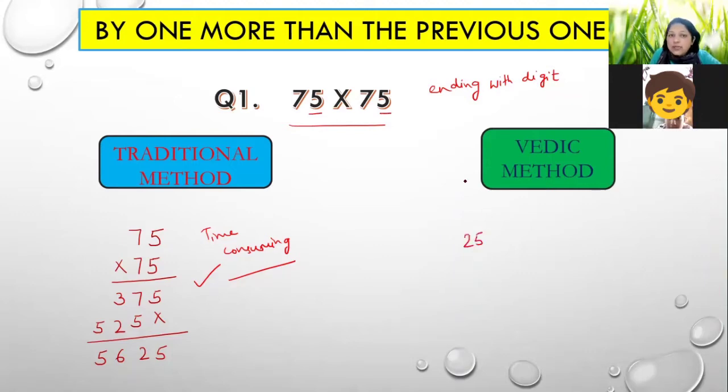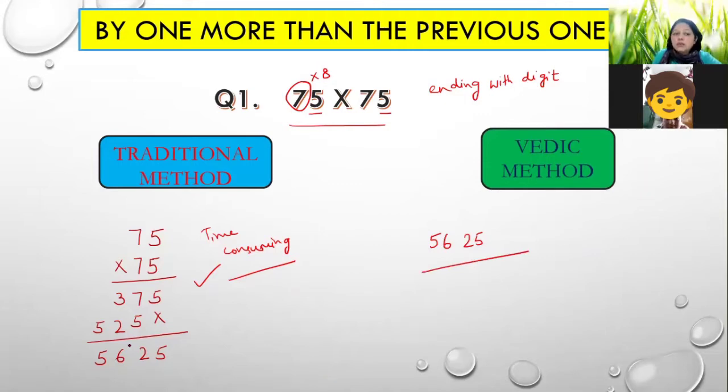And this 7 here, the next number to 7 is 8. So 7 into 8 is 56. So see the answer, 5625. We have got the answer.